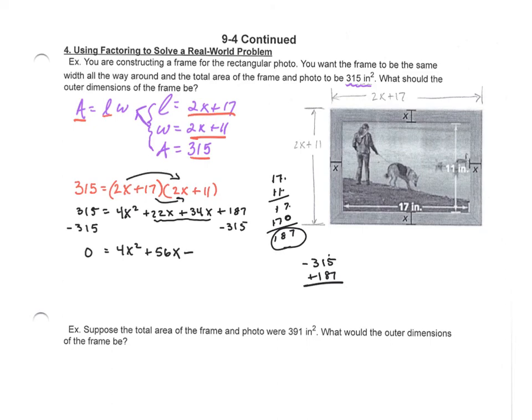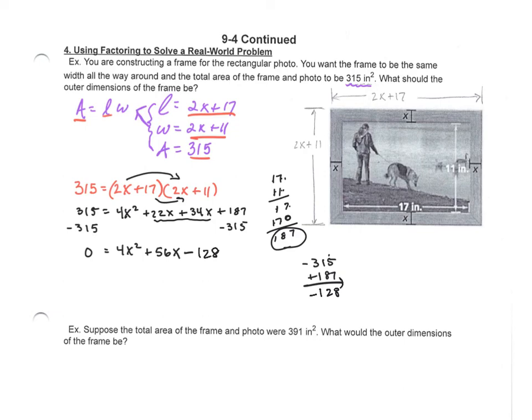I'm hoping it's going to be negative 128. Let me check that here. That's 5, 1, 1, 3. Yeah, that looks good. Minus 128.